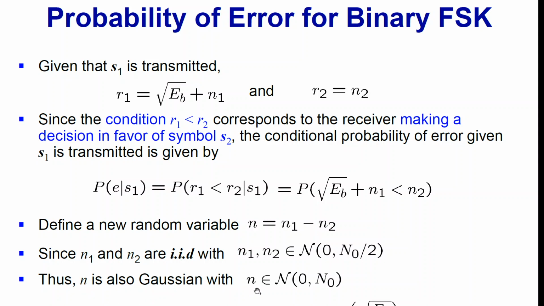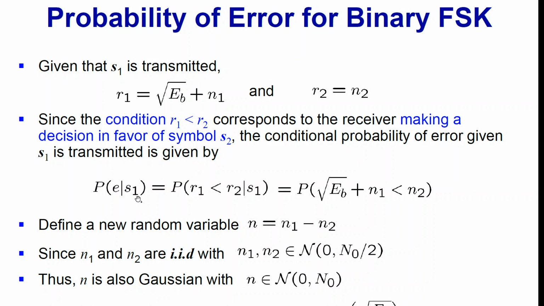Then N is also Gaussian, N is N1 minus N2, with mean 0 and variance N0.